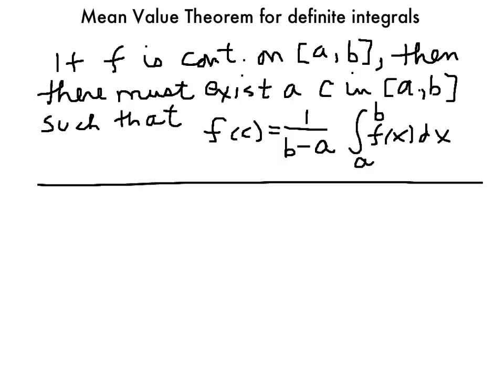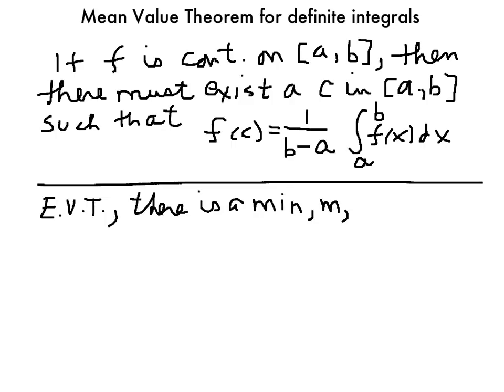Since f is continuous on the closed interval [a, b], then by the extreme value theorem, there is a min, which we'll call m, and a max, which we'll call capital M. And those two numbers are promised by the extreme value theorem.